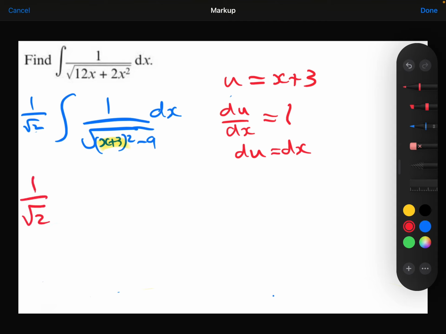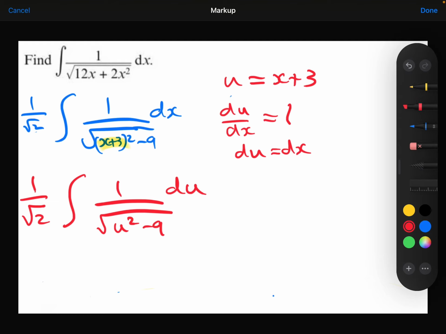Right, the good thing about this is on my denominator now I will just have a u squared minus 9, and my dx is replaced with du. I can now use the standard result easily to integrate this. This is going to become r cosh u over 3.